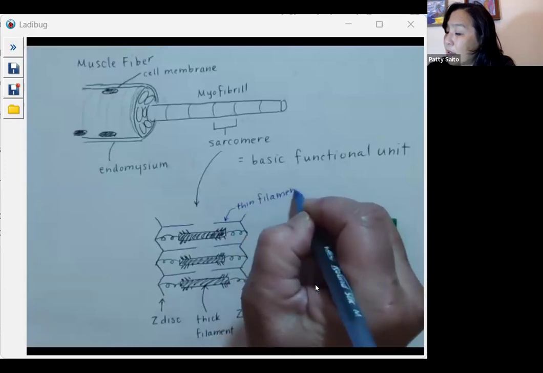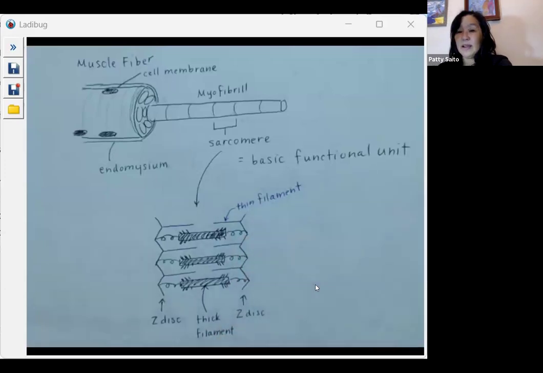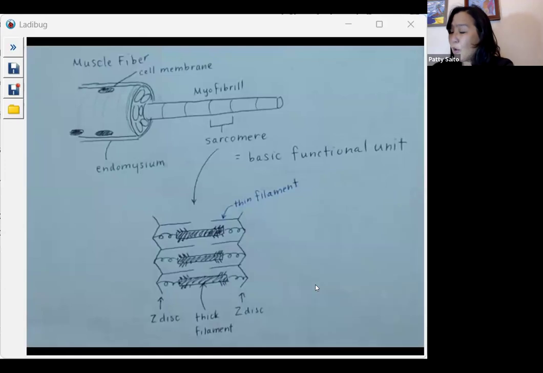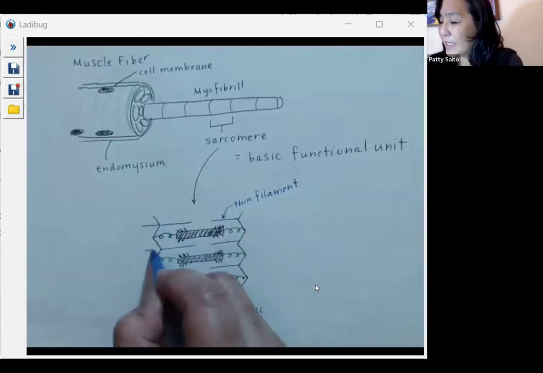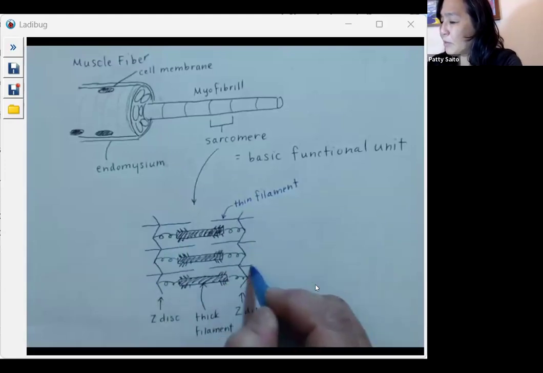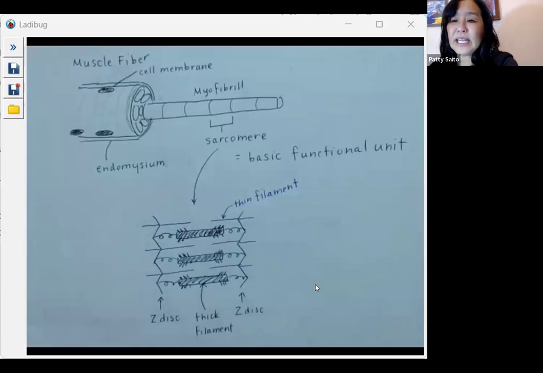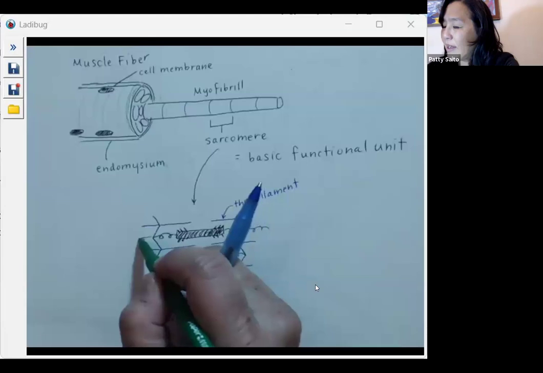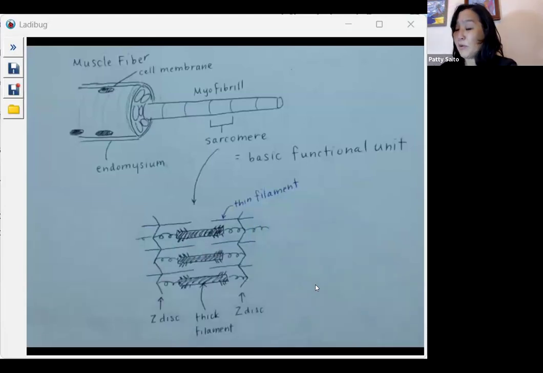Now let's take a look at the thin and thick filament. And then, realize that it continues on, right? Here's the next sarcomere over. Here's another sarcomere going this way, etc. So it continues over and over and over again, and we repeat the sarcomeres over and over.